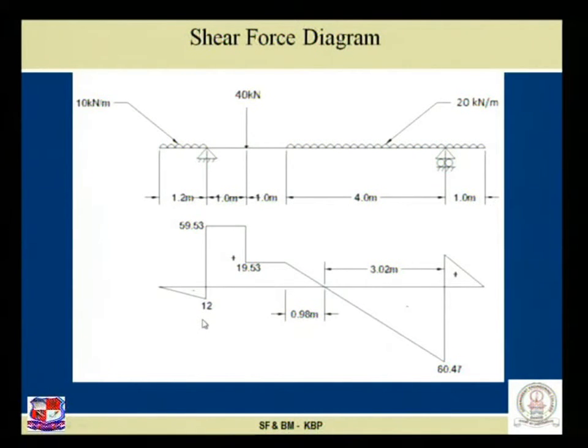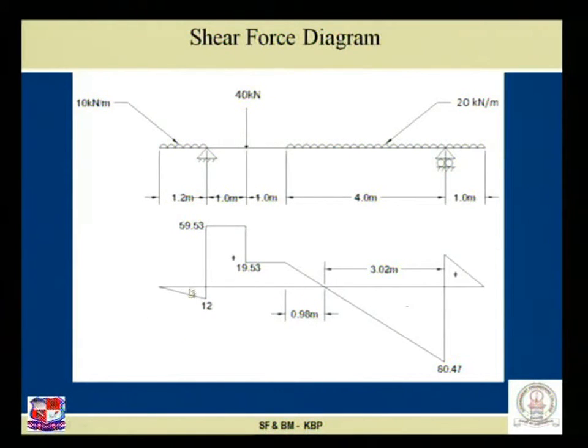So minus 12 plus the reaction RA gives the value over here. At the reaction or at the concentrated load, my shear force diagram changes abruptly.